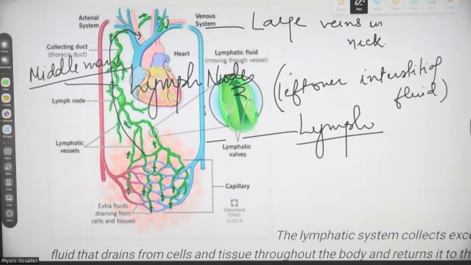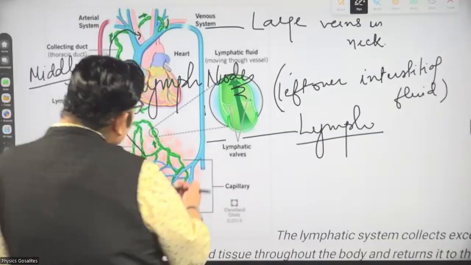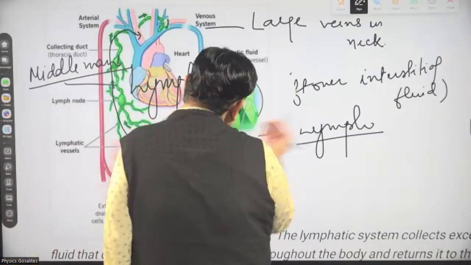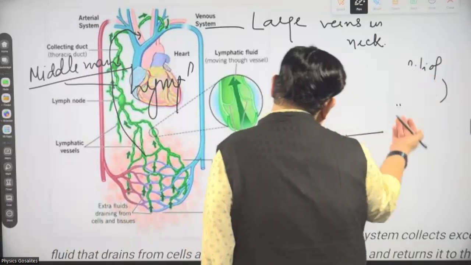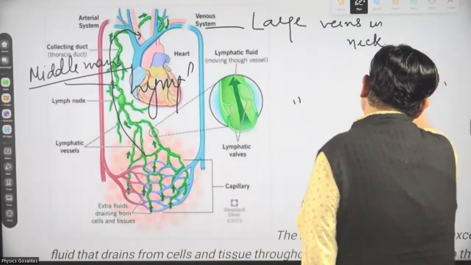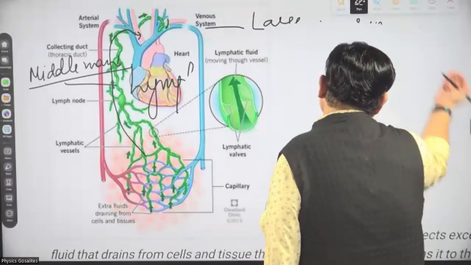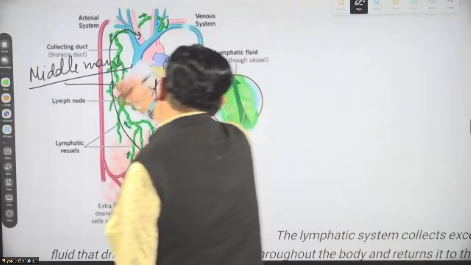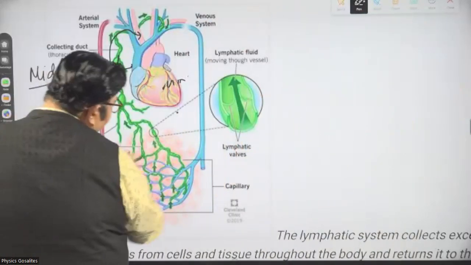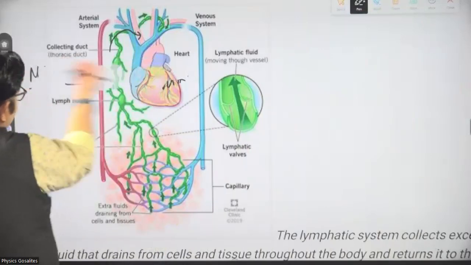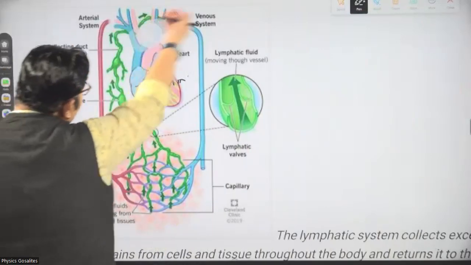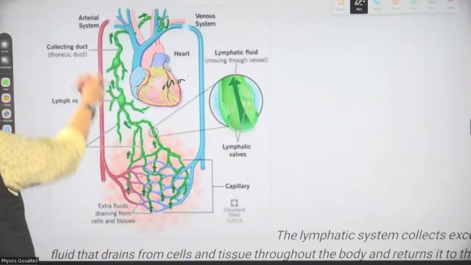And guys, there is a capillary being shown here. You can see the thin wall of the capillaries, and there is an arrow being shown there right now. I'll tell you what that structure is, but first let's look at this picture again.